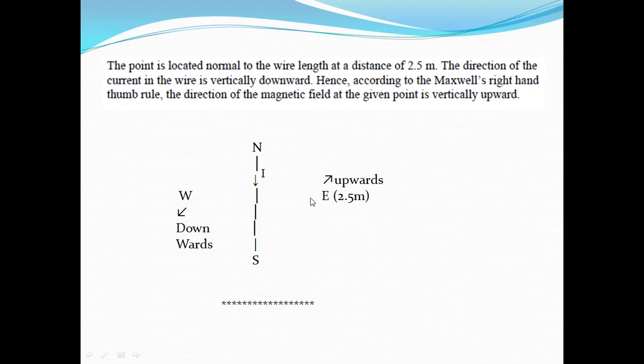When you use the right hand thumb rule, your thumb must point in the downward direction and the fingers will curl in the upward direction on this side of the north-south axis, and it will be in the downward direction on the other side. So we can say the direction of the magnetic field 2.5 meters eastwards will be in the upward direction.